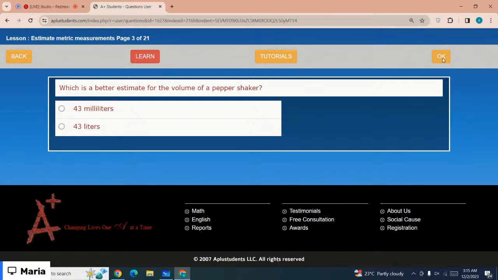Pepper shaker it is, right? That would be 43 milliliters because 43 liters is much bigger than a pepper shaker. Very good.